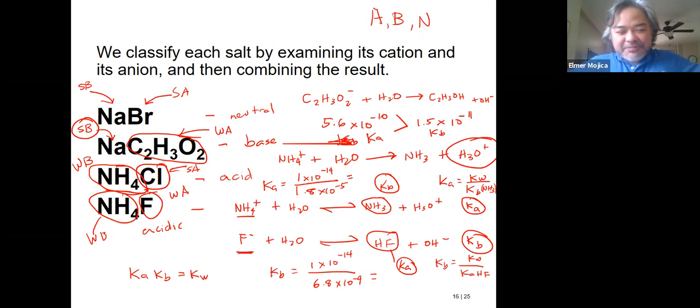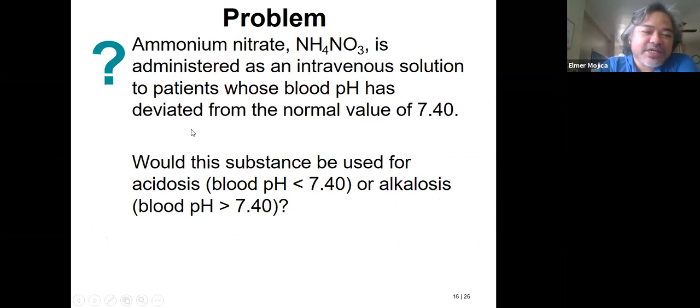So let's try to apply this concept in real life for those who want to be a doctor in the near future. Ammonium nitrate is administered as an intravenous solution to patients whose blood pH has deviated from the normal value of 7.4. Could this substance be used for acidosis or alkalosis?